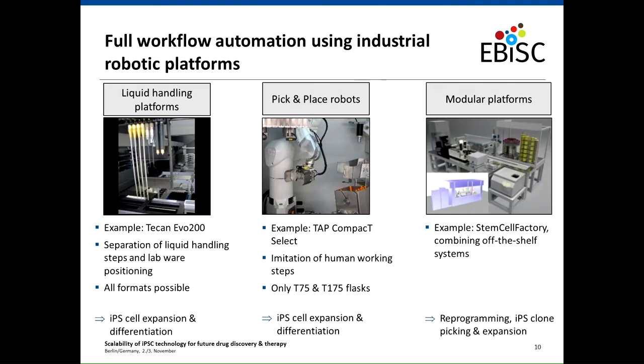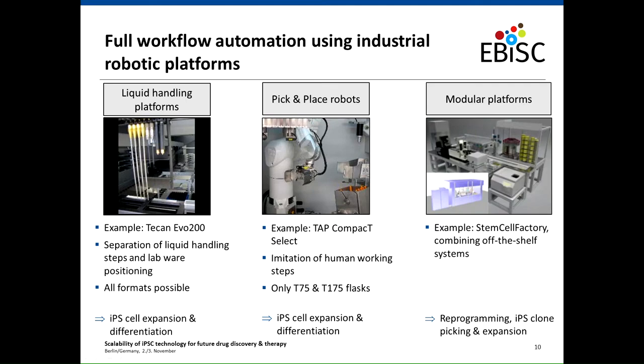You can see here the pipettes, doing all the microfluidic work, and within the system, you have a separate robotic arm that does the labware positioning, or the positioning of your cell suspensions. These systems are often quite flexible. That means you can use all plate formats and flasks within the systems.